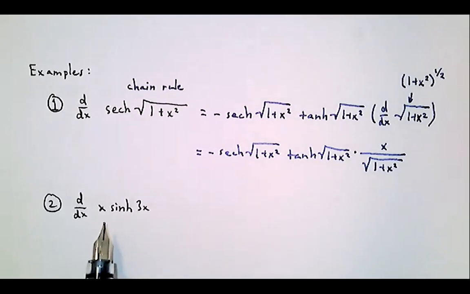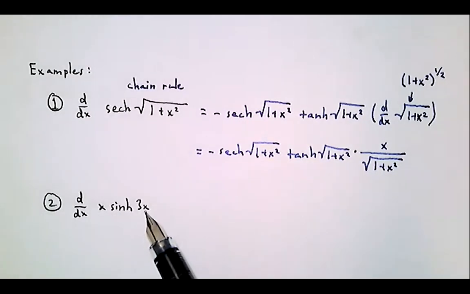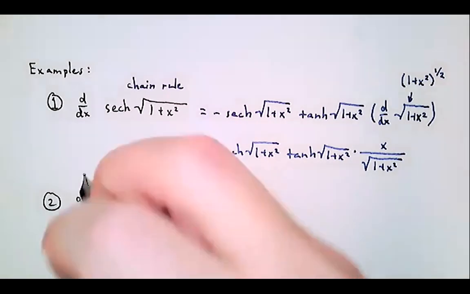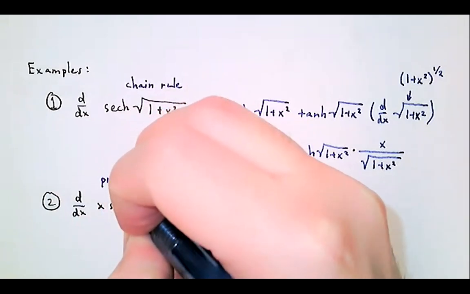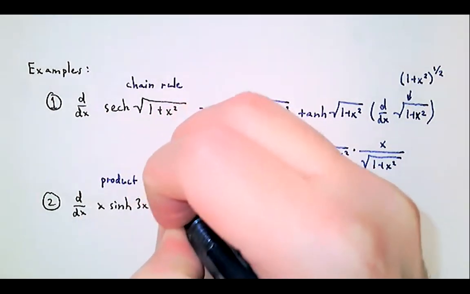And this is a problem that combines a product rule, because we have x times sinh, and a chain rule, because we have 3x inside of the sinh function. Okay, so we need the product and chain rules.